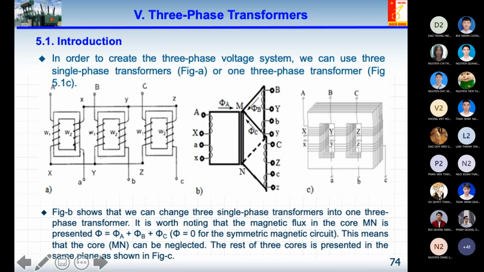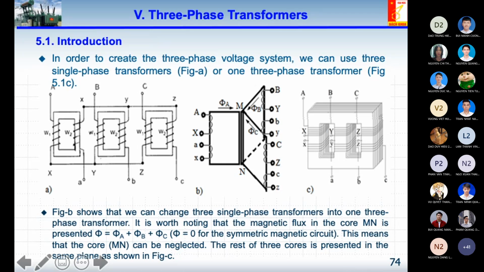When we match three single-phase transformers together, we get the same coil of three single phases. So when we change three single-phase transformers into one three-phase transformer, the core limb in the middle is presented by phase A plus phase B plus phase C.